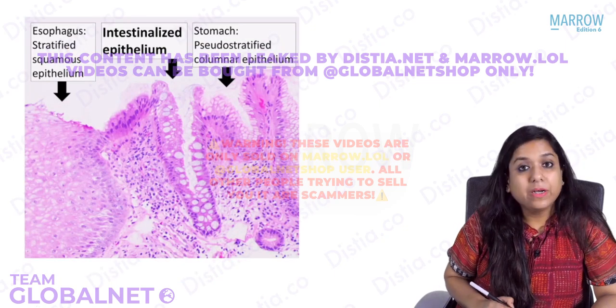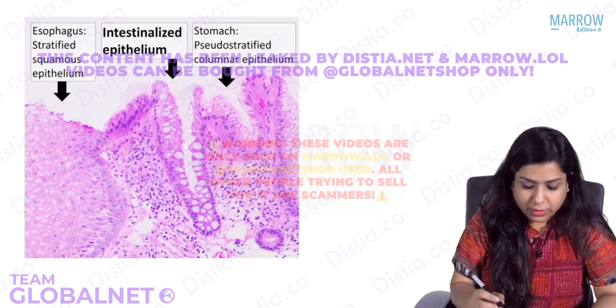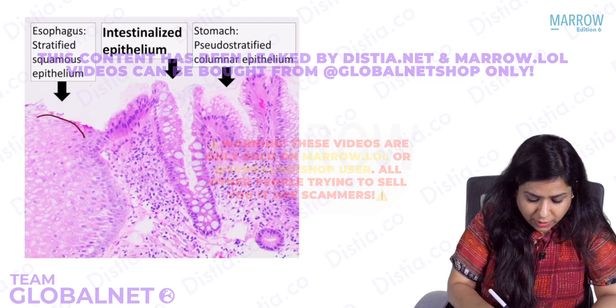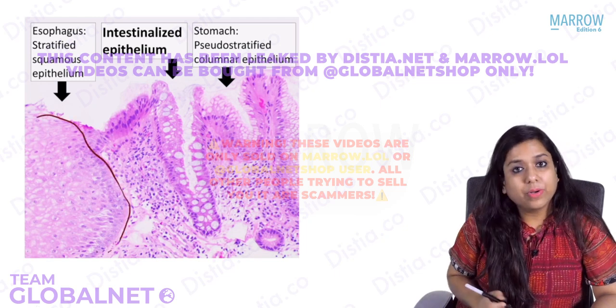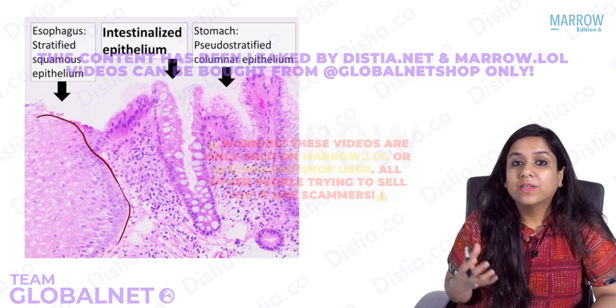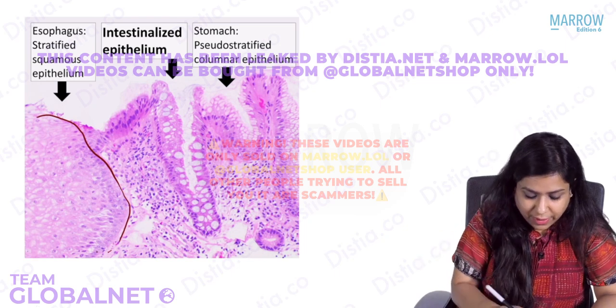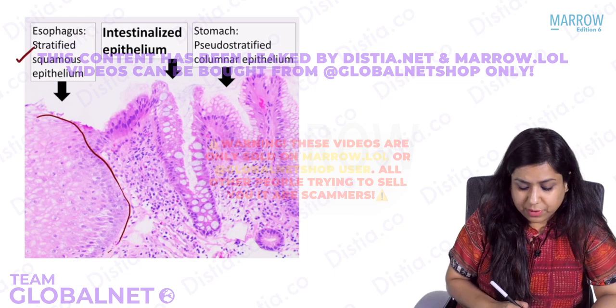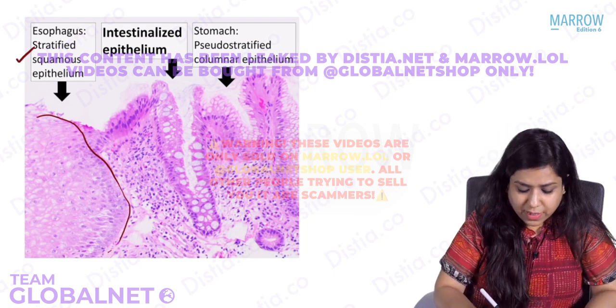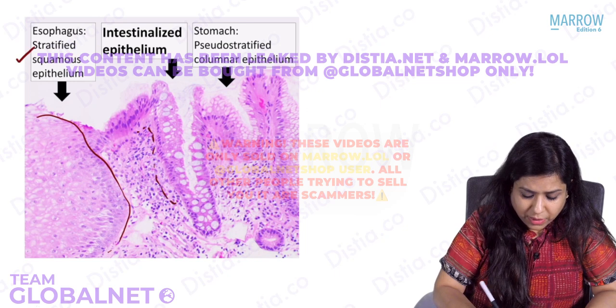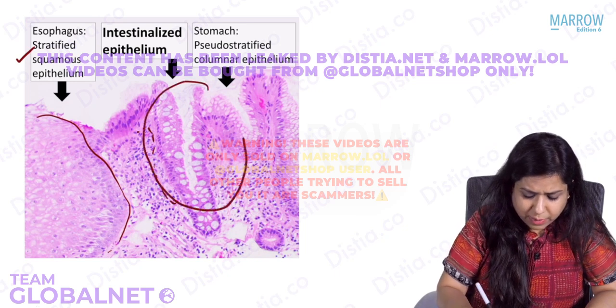Then microscopy is extremely important. Can you people appreciate this epithelium? Now in pathology, what is this kind of epithelium? This is stratified squamous epithelium. Now you people are experts, right? So this is stratified squamous epithelium. Suddenly on the biopsy, I see that this epithelium has changed and I see something like this.